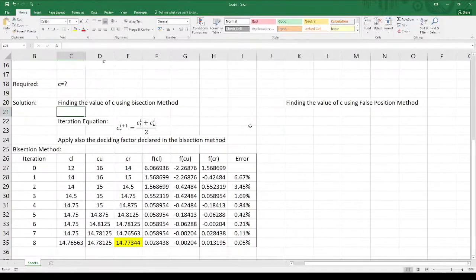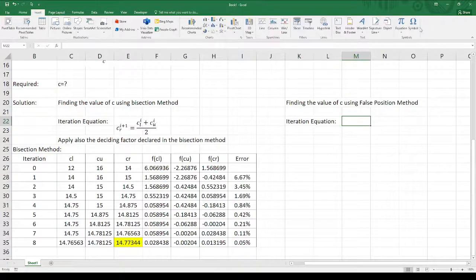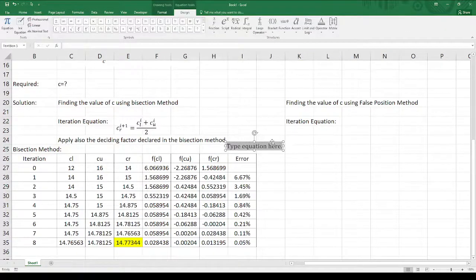Then you will now have a new iteration equation. So mag-base ta sa katong ilang ki-declare na formula, so insert tag equations here. That should be siya, no? So pwede ra sad na to i-kopya ni.